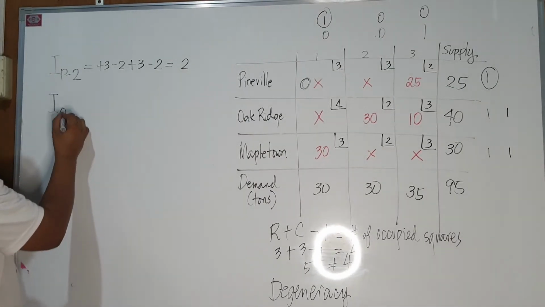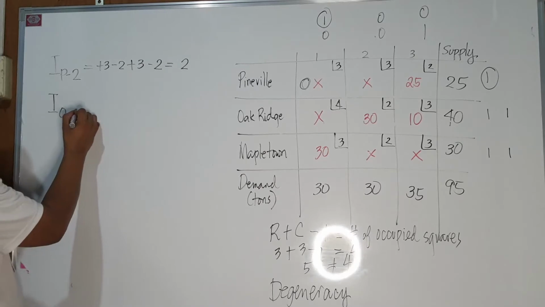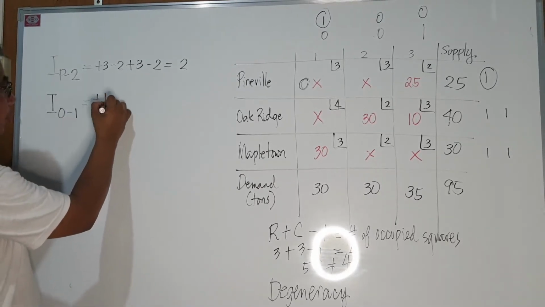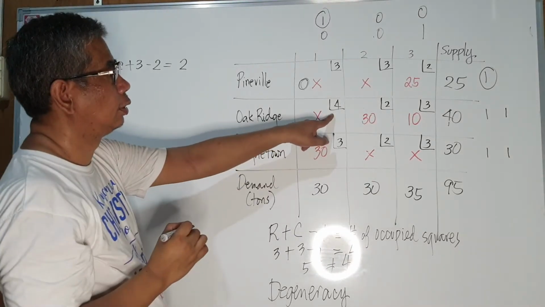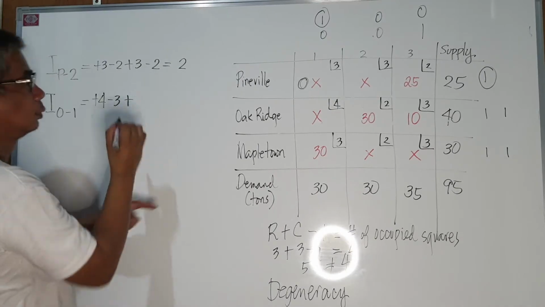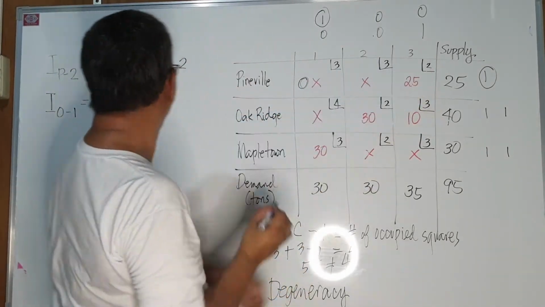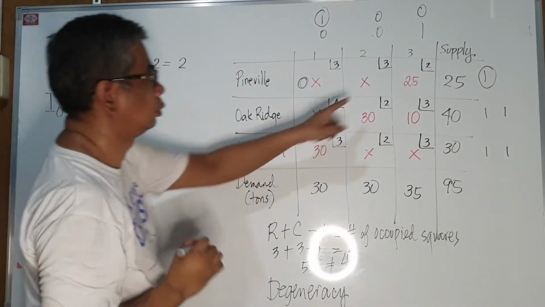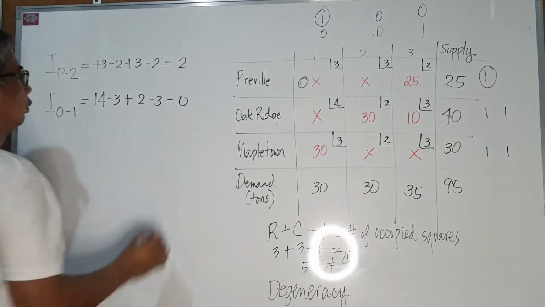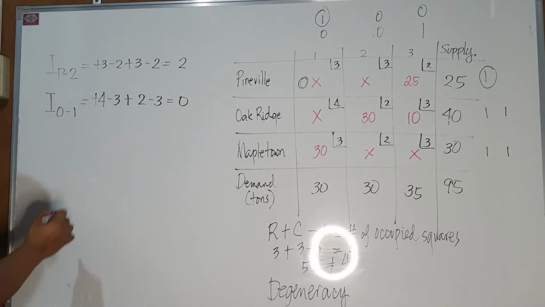So, from Oak Ridge to supply house 1. What is our path? Plus 4 minus 3 plus 2 minus 3 equal to 0. Okay?